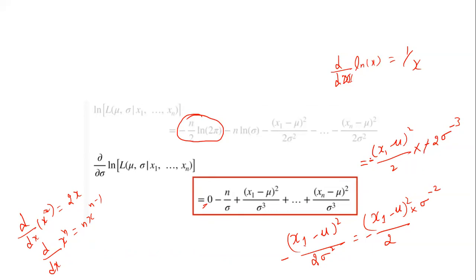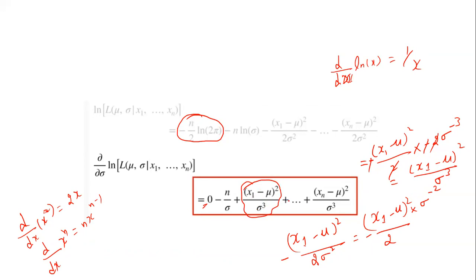Now this minus and minus becomes plus, so it cancels, and this 2 and 2 also cancel. We can write this equation as x1 minus mu the whole squared, and bringing this down, it becomes sigma to the power 3. That is how we got this term, x1 minus mu the whole square divided by sigma cube.